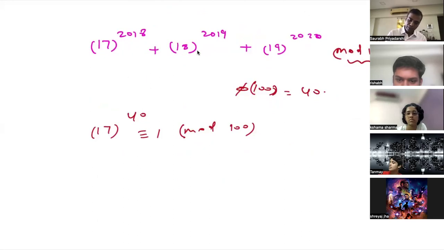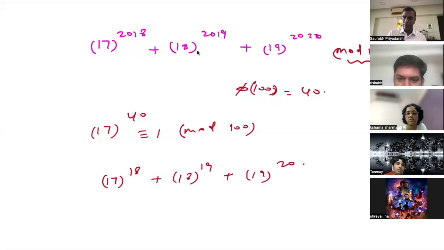Now this is 40, so we are giving the power 500. So only you are getting 17 to the power 18. And for the second one, 18 to the power 19, and for the third one, 19 to the power 20.